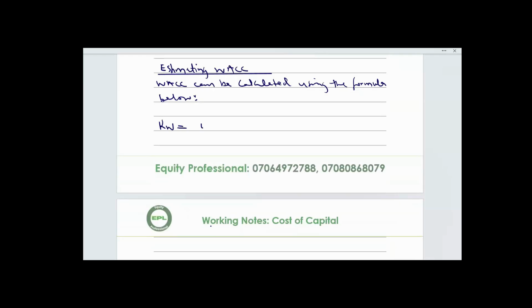So in this case, WACC will be computed as equity value over equity plus preference plus debt value, all of this multiplied by cost of equity, plus value of preference share over equity value plus preference share value plus debt value multiplied by cost of preference share, plus debt value over total value, that is equity plus preference plus debt, multiplied by after-tax cost of debt.